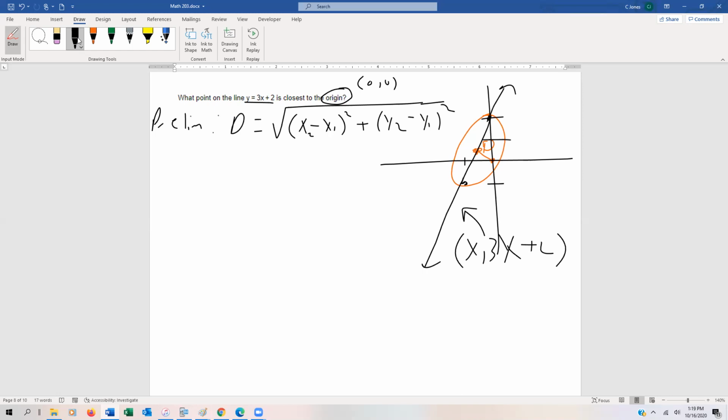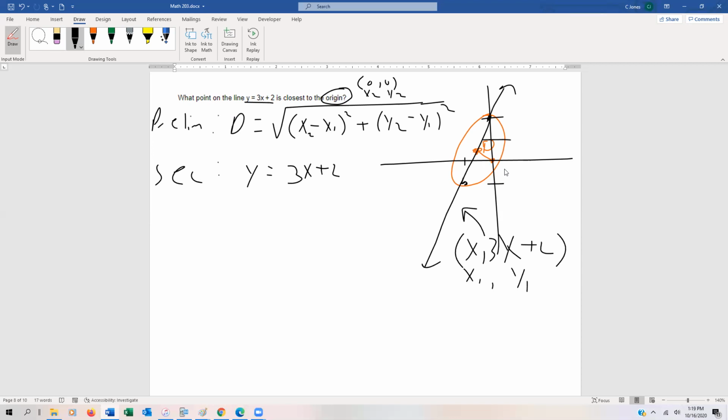Let's say that this is going to be x1, y1, and then the origin would be x2, y2, and we're just going to substitute back into the preliminary equation. Of course, there begs the question, what is the secondary equation? The secondary equation is actually given to us very easily as y equals 3x plus 2. That's the equation of the line.